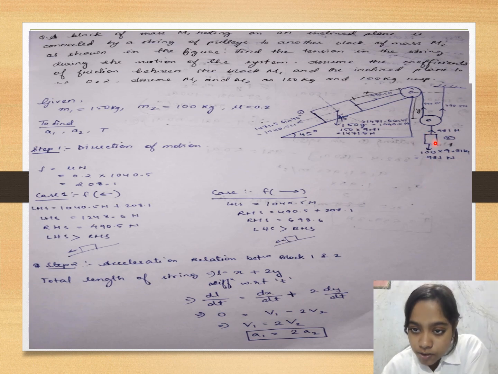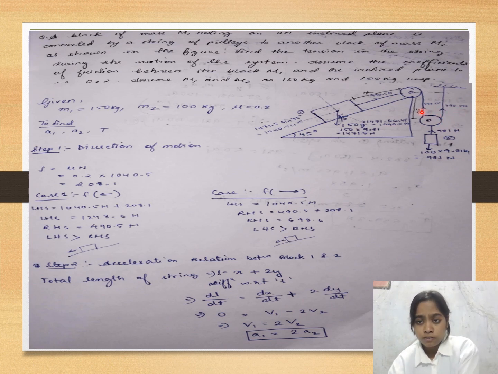Here there is a tension, and from here the weight will be divided equally, so 490.5 Newton here and 490.5 Newton here. And here also a tension is acting.